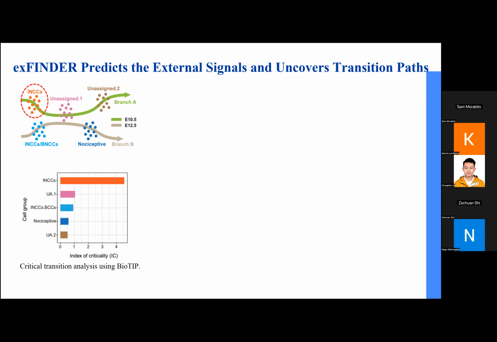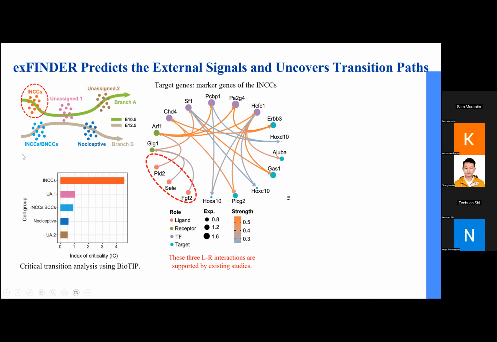So first we perform a biotip analysis. We show that these late NC cells undergo a critical transition. And then we select the marker genes of this cell group as our target genes.